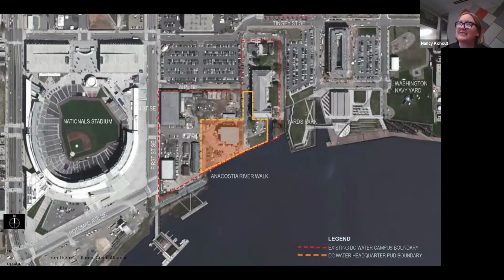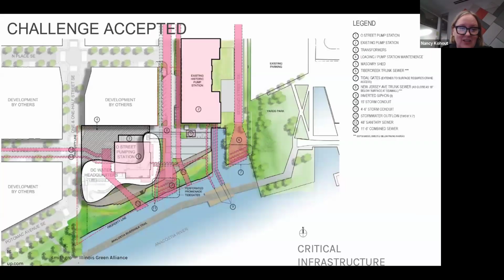On the next slide, you can see all of the underground infrastructure that is on the site. So not only did we design and build a building, but we had to design and build this building over all of this existing functional infrastructure, which was no small challenge, but a challenge we accepted.